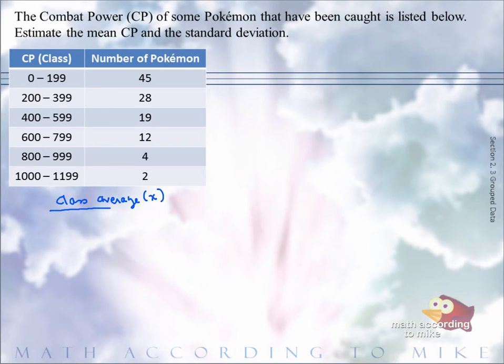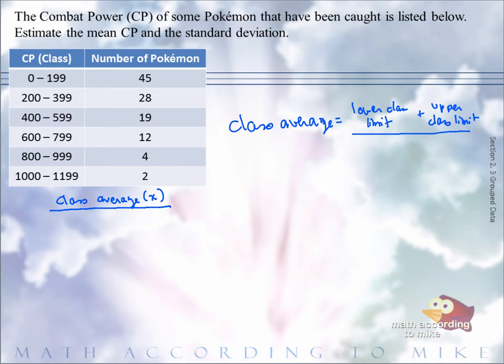The class average is found by taking, that's a G there, I promise. You take the lower class limit, you add the upper class limit, and divide by a healthy 2.